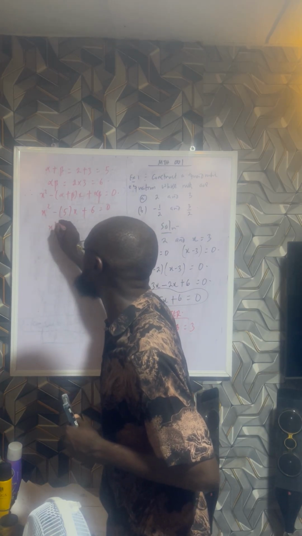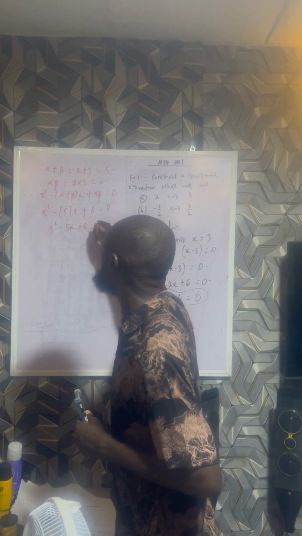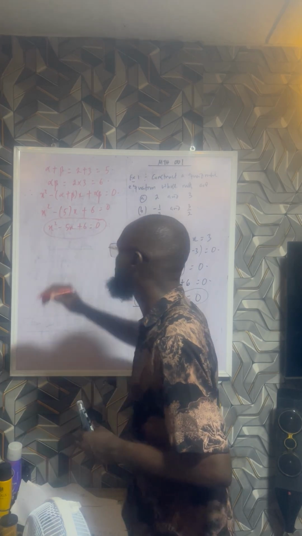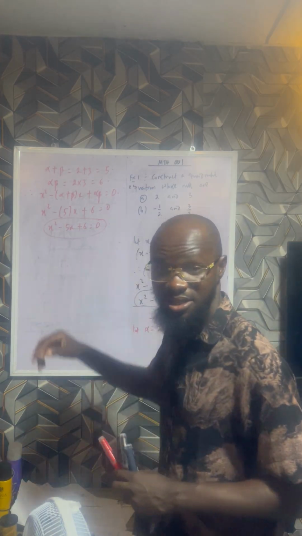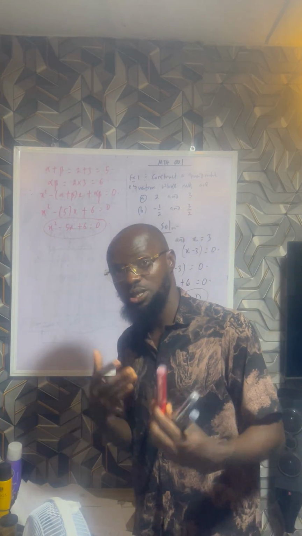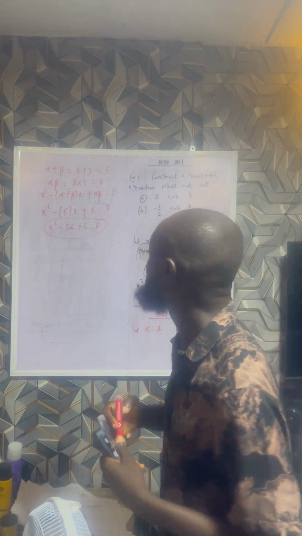So we have x squared minus 5x plus 6 equals to 0, which is the same answer as this. Any method that you think is more convenient for you, you can use.